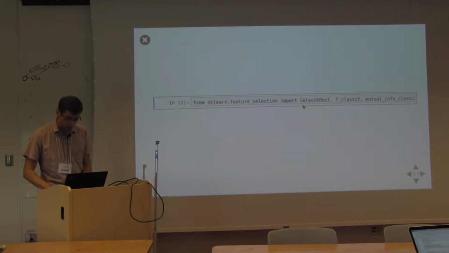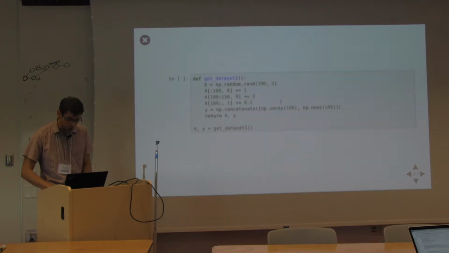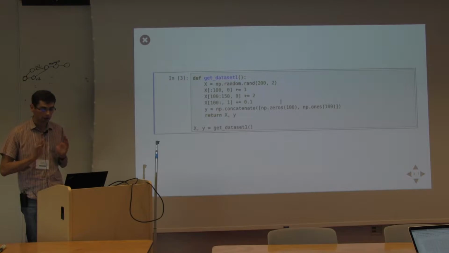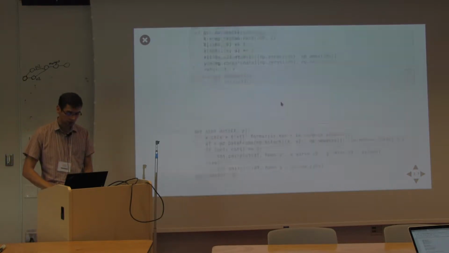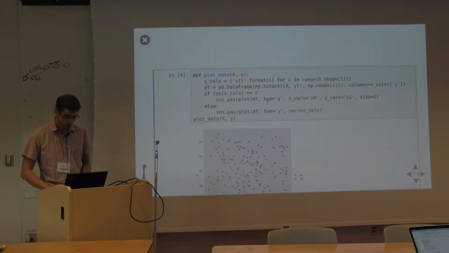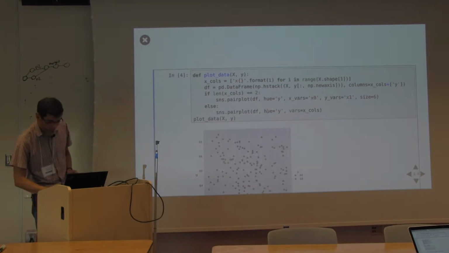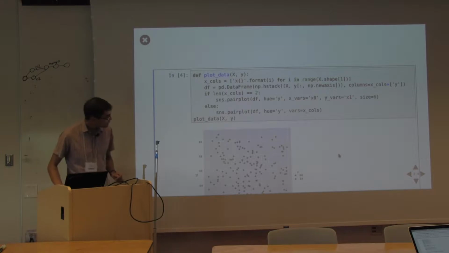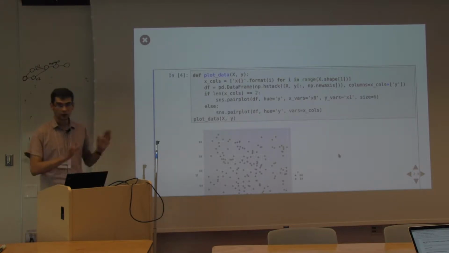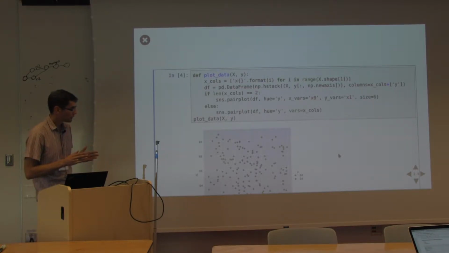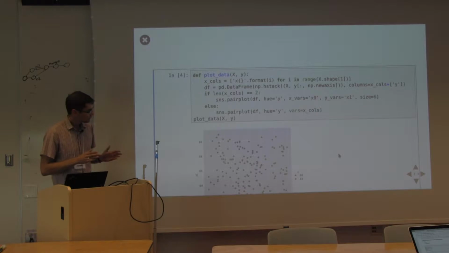Let's start with a simple example. We can generate a simple data set. It's just a very simple two-dimensional artificial data set, and we can visualize it. It looks like this. It's a classification problem. We want to separate blue points from green points, and we have two features.